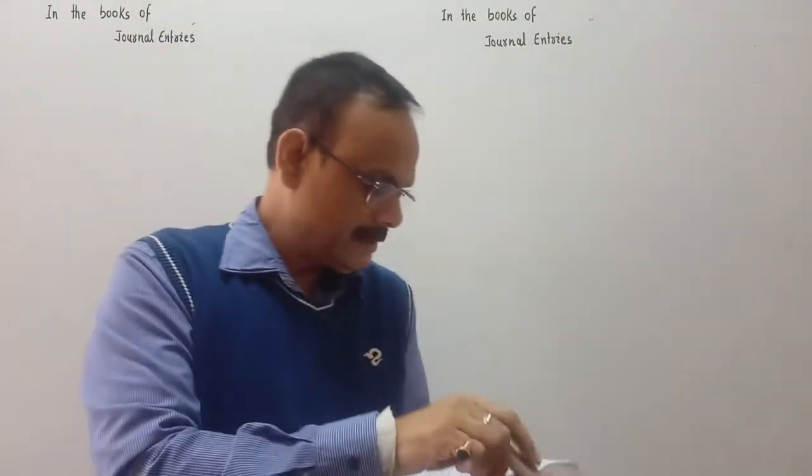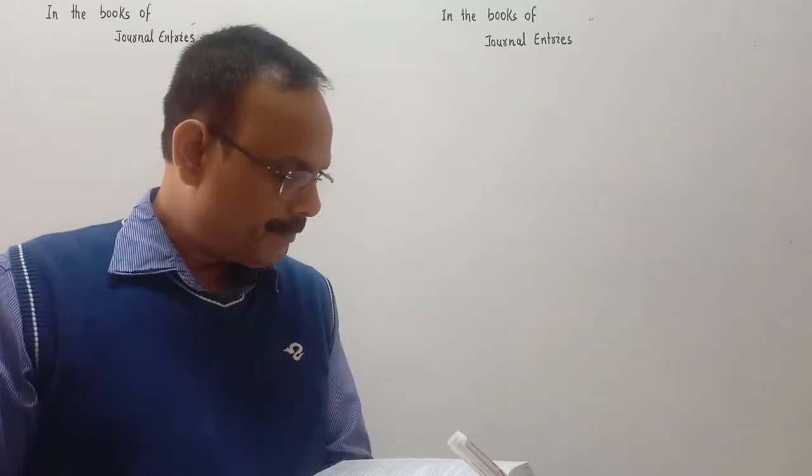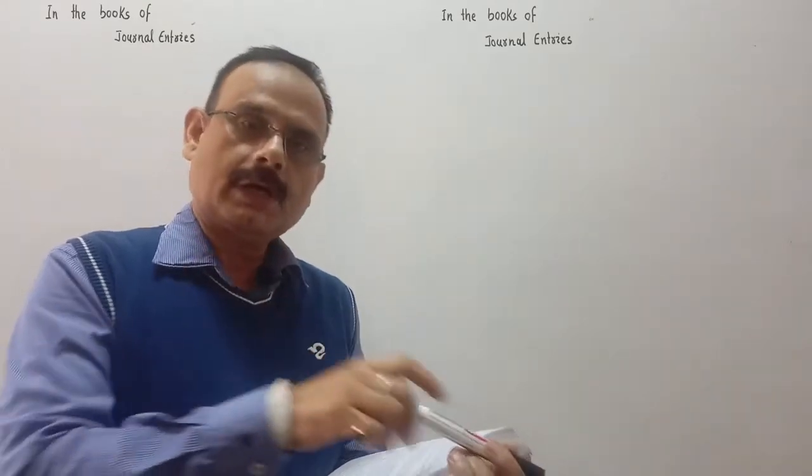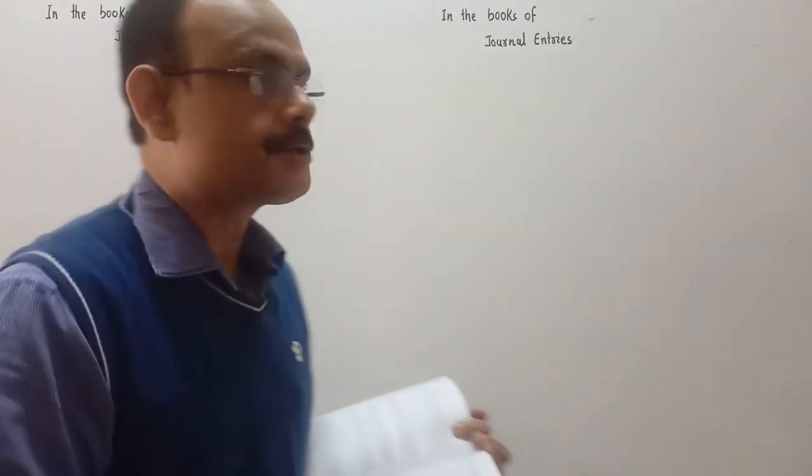The question is: on April 1st, 2016, B accepted a bill drawn by A. B accepted a bill means B is the drawee.